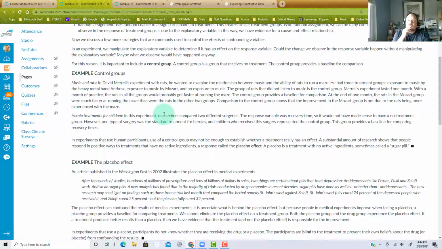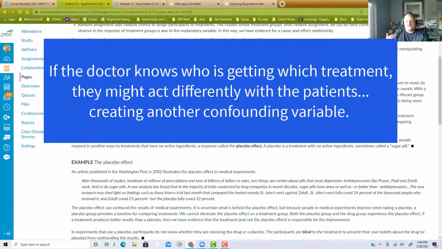Now, what's important about that is making sure that there's also this aspect of blindness, and not visually blind, but the idea that we don't know what's happening. A doctor coming in may give a pill to someone and he may know what it is, but that patient will not know, and that's called a single blind.